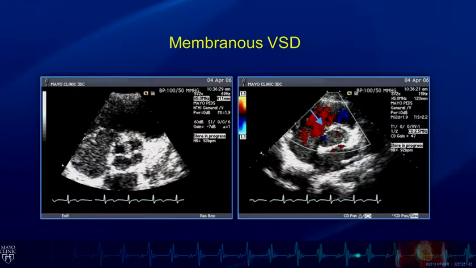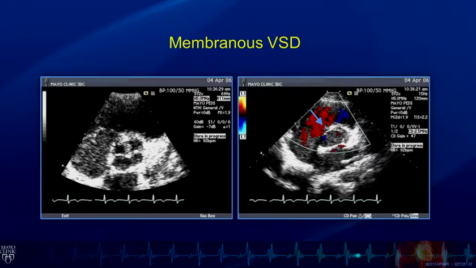Let's look now at the echocardiographic images that we might see in a patient with a membranous ventricular septal defect. Two-dimensional image on the left side, color flow on the right side. The blue arrow demonstrates the location of the membranous ventricular septal defect, and this is located in close proximity to the tricuspid valve on this short axis view.